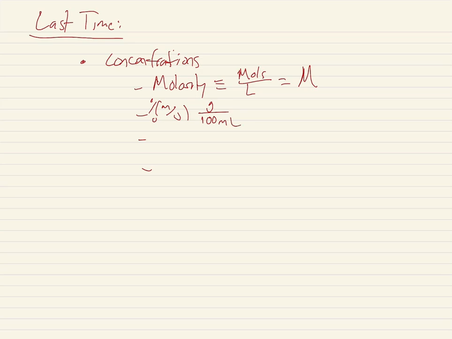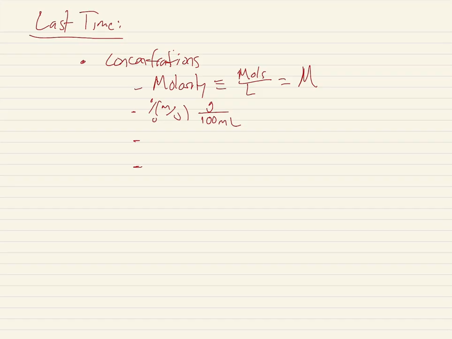What about, did anyone have any other ones? So mass to volume, and then 2 variations of each of those fundamental units there. Right, we have percent mass to volume.